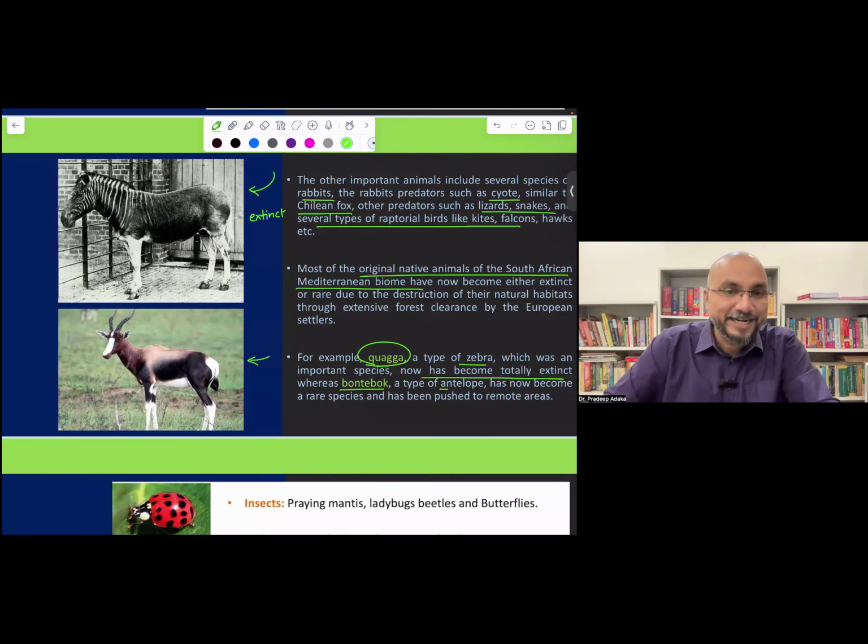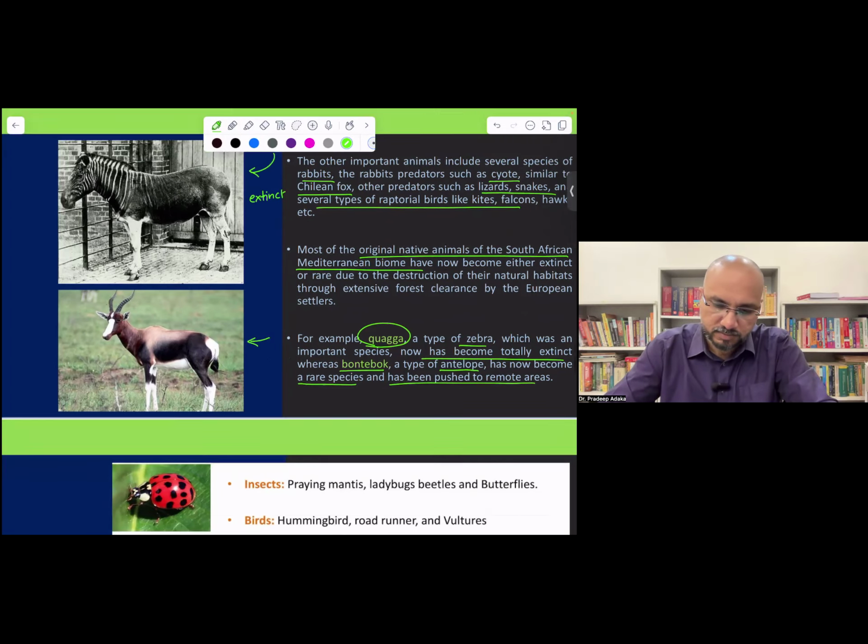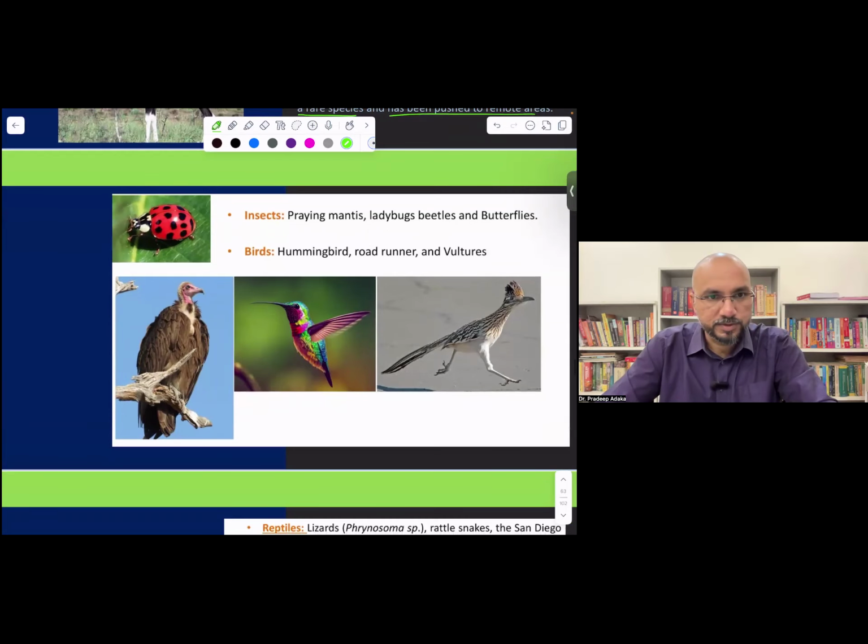It is a type of antelope. So antelopes belong to bovidae. They are similar to cattle. They are not deers. They have now become a rare species and have been pushed to remote areas. Now it is also endangered. So native species have disappeared in these biomes.